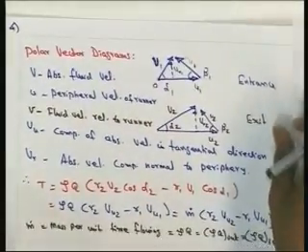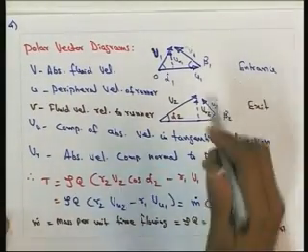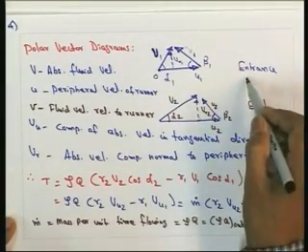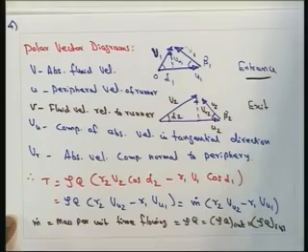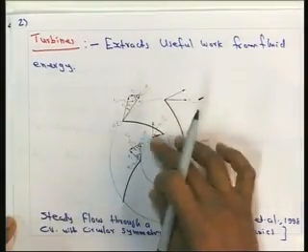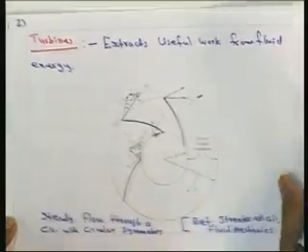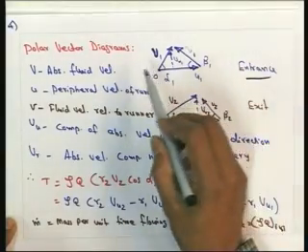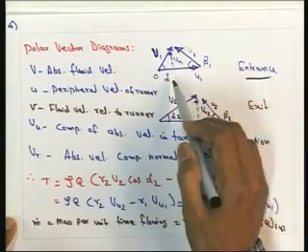Now, as in the previous case of the sprinkler system, here also we will consider the polar vector diagram. If you consider the entrance, with respect to this system, the polar vector diagram can be drawn here.